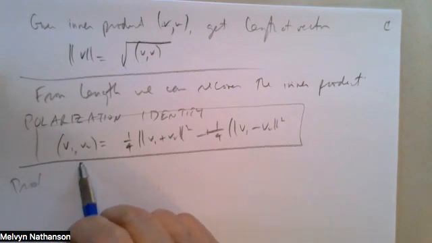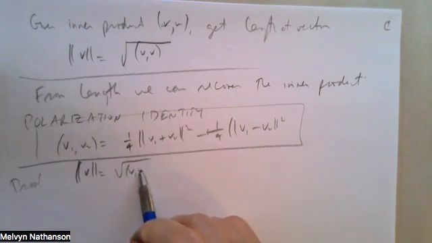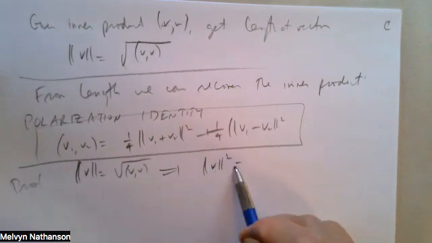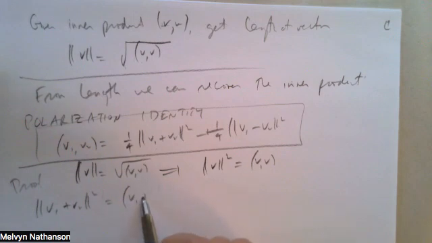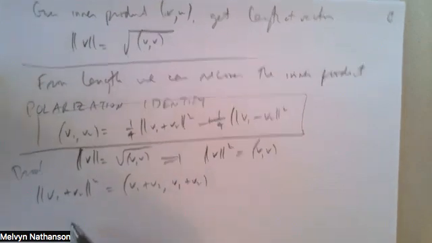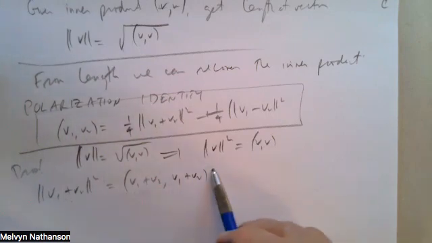Recall, the length of a vector V is the square root of the inner product of the vector with itself. So the length of a vector squared is just the inner product of a vector with itself. So if I take the length of V1 plus V2 squared, that's the inner product of V1 plus V2 with V1 plus V2. But now, using bilinearity, we can expand this.